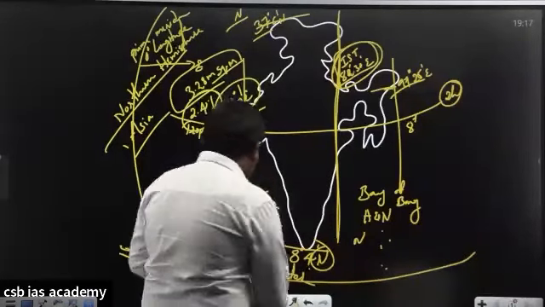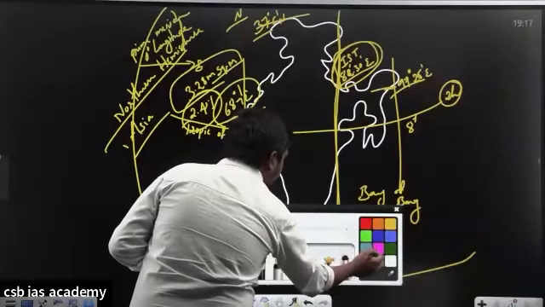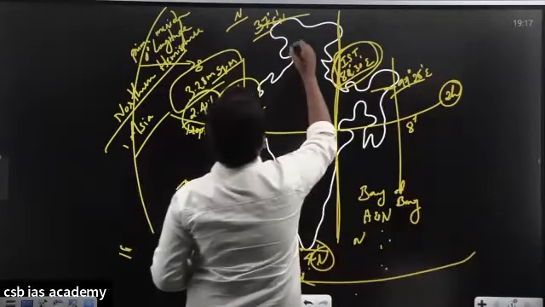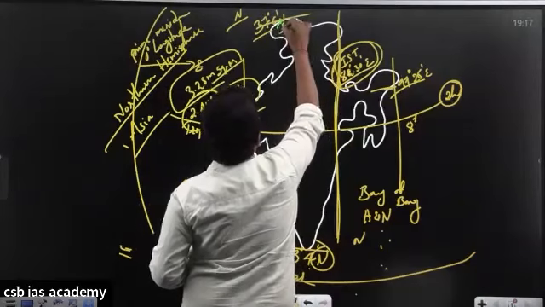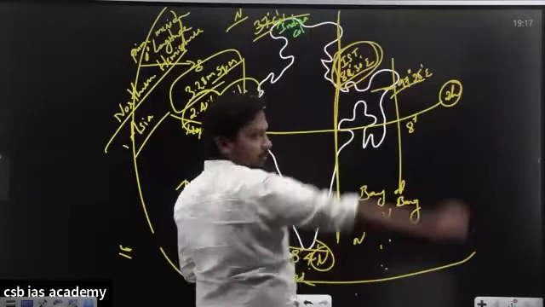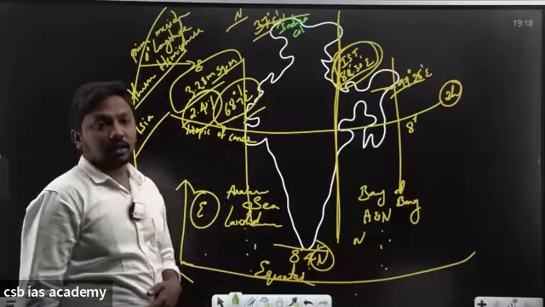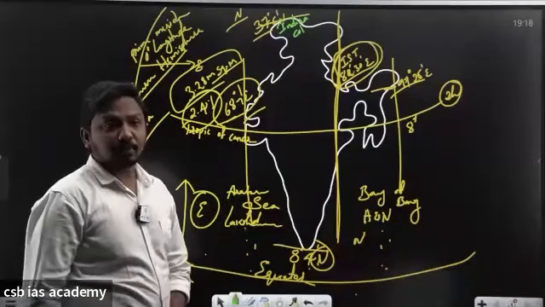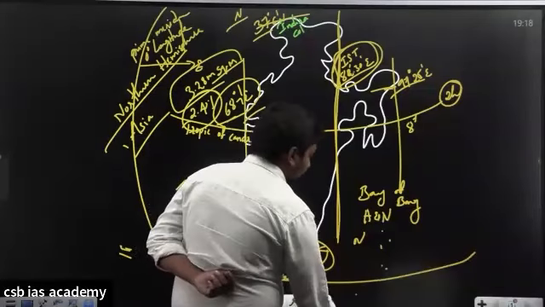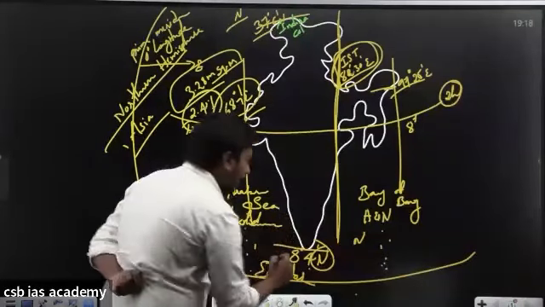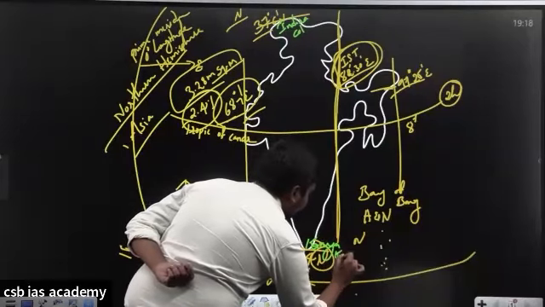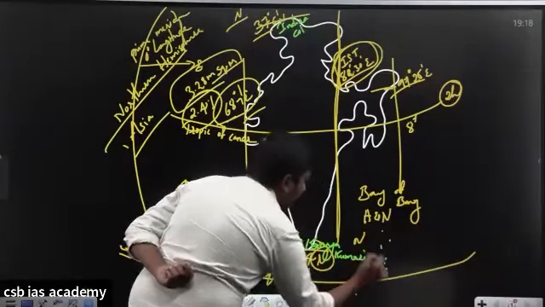Do you know what is the northernmost tip of India? Any idea? Any guess? It is Indira Col. Indira Col is the northernmost tip of India. And the southernmost tip of India, if you look at the mainland, is Kanyakumari.